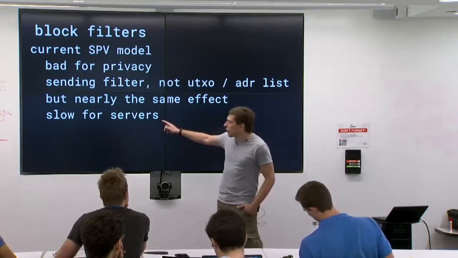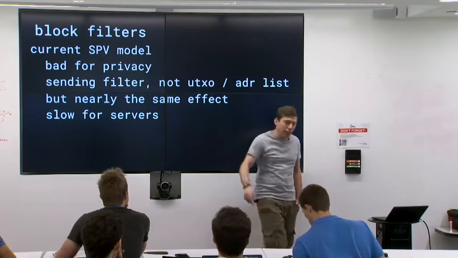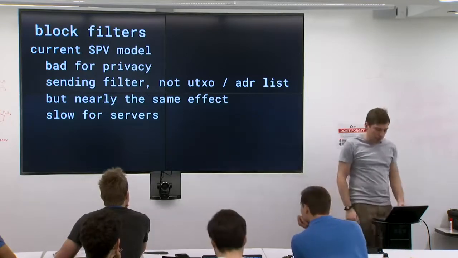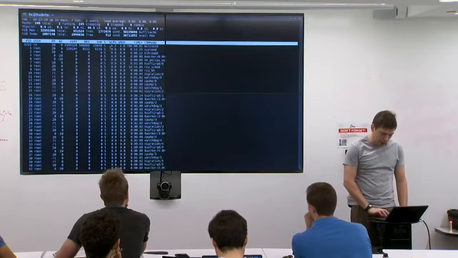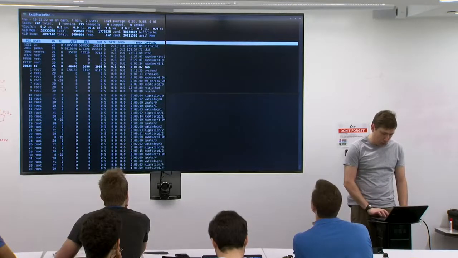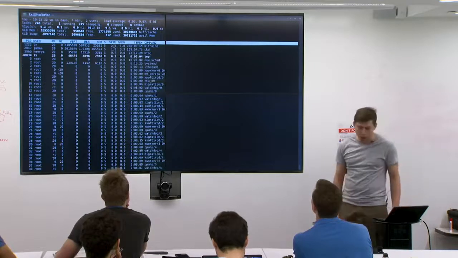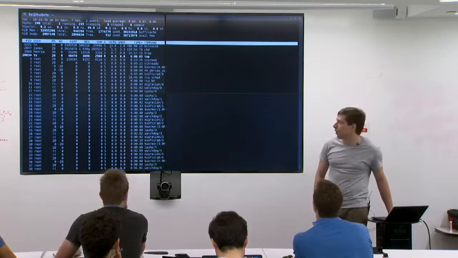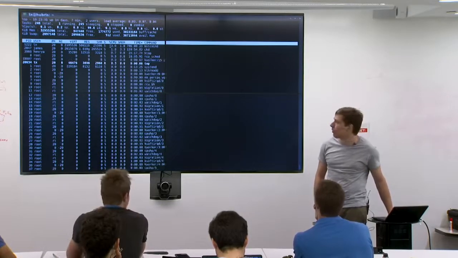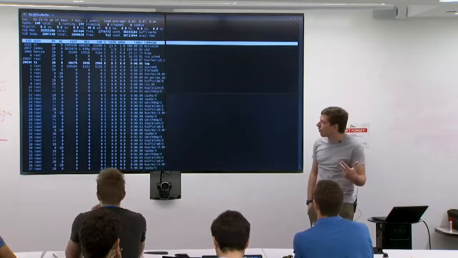And a lot of SPV clients doing filter loads can slow down your server. It can take CPU time. Right now, okay, so 6%, 2%. It's pretty low CPU usage generally for Bitcoin, even with however many that was, 30 or 40 other nodes connecting and downloading stuff.